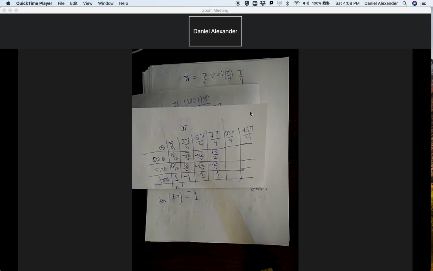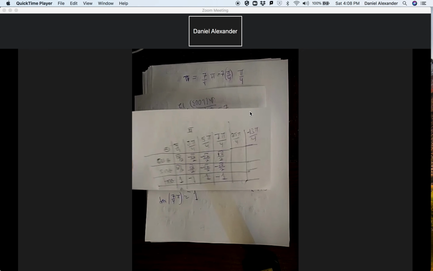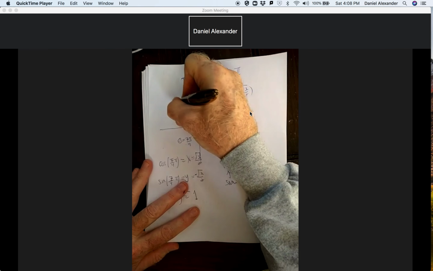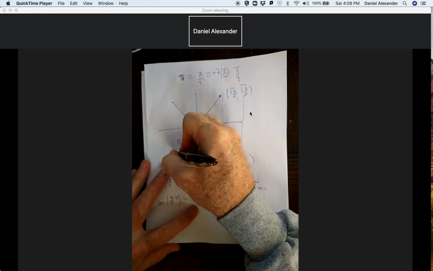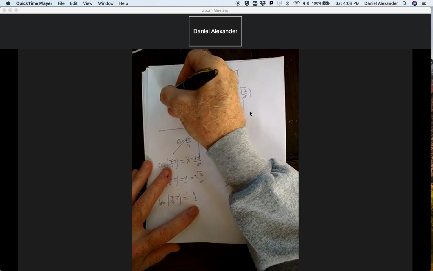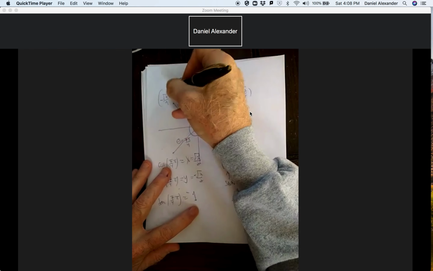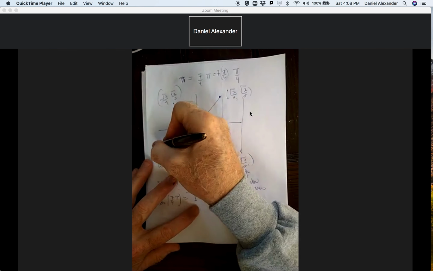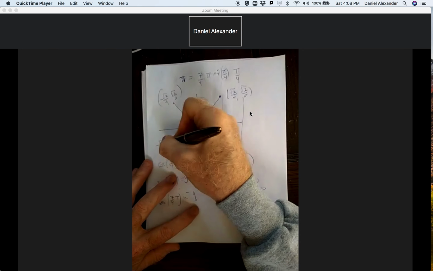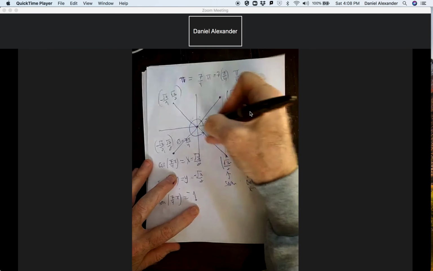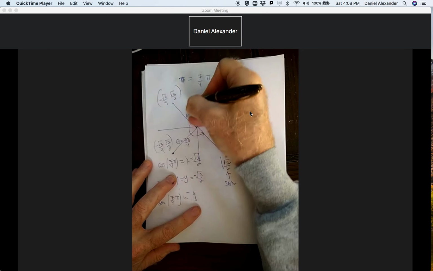So we've got 2 more to do. Again, these are the key ideas here, and I'm just going to put everything on one piece of paper just so you know it. Okay, so again, this angle was 3/4 pi.